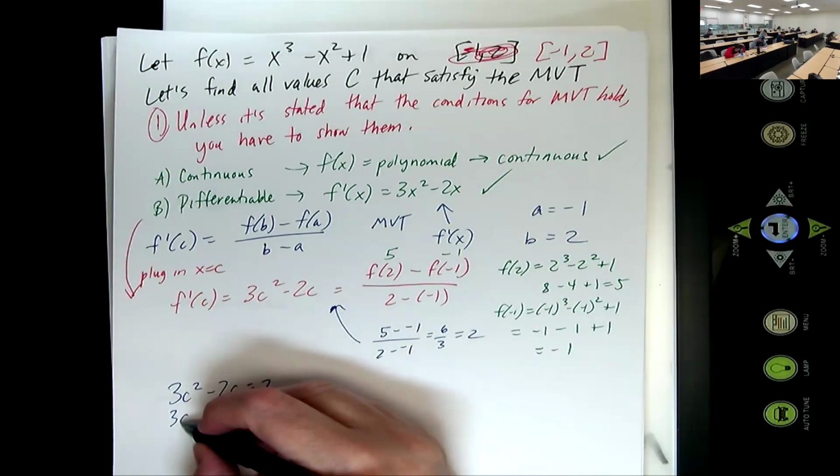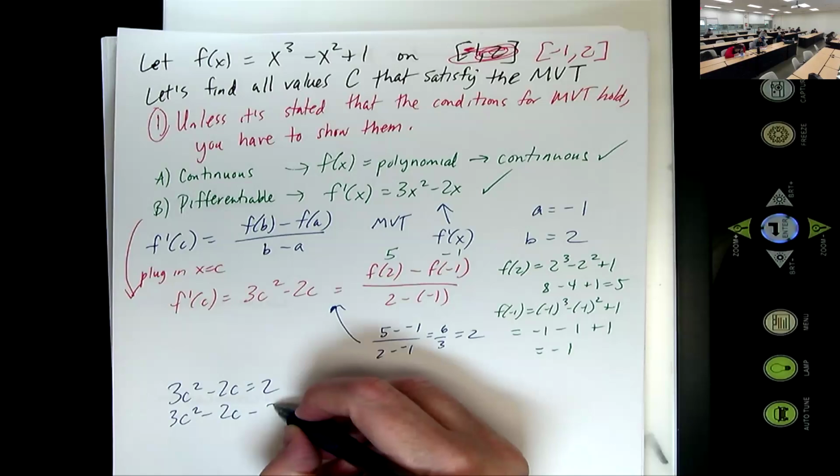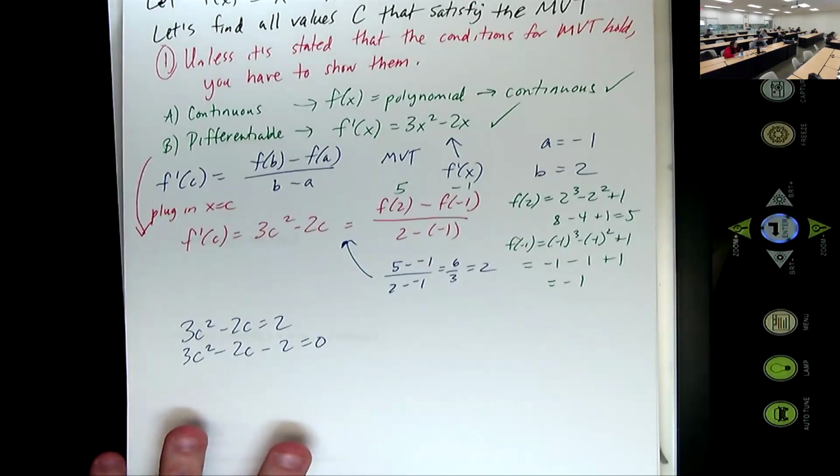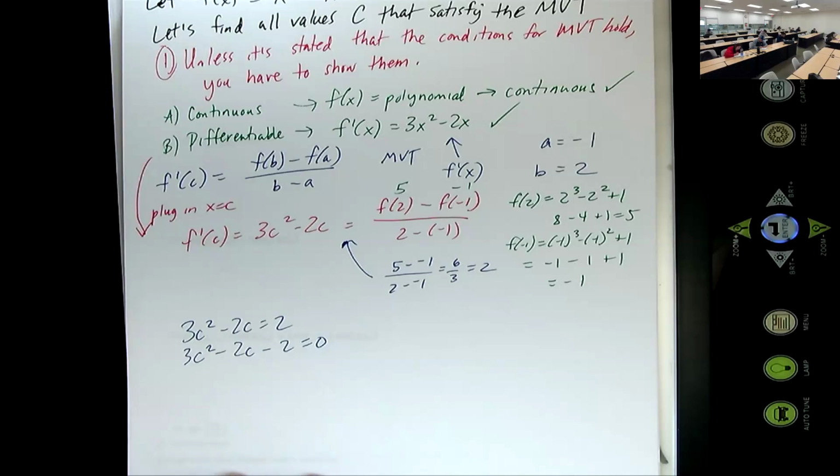And this looks quadratic, so we'll move the 2 over. And that doesn't look factorable, does it? So.